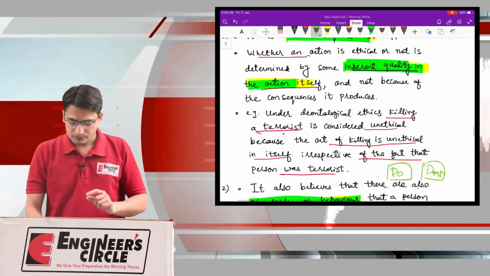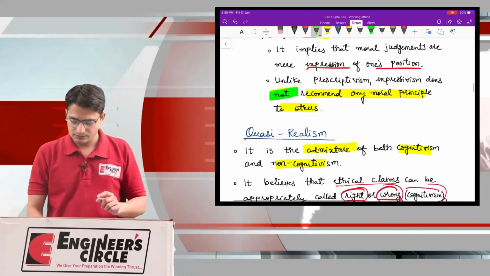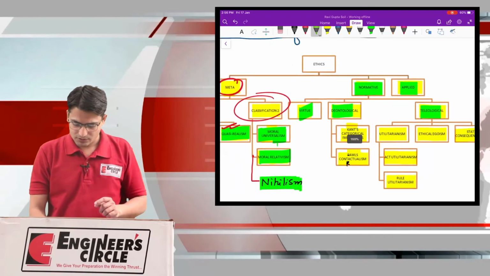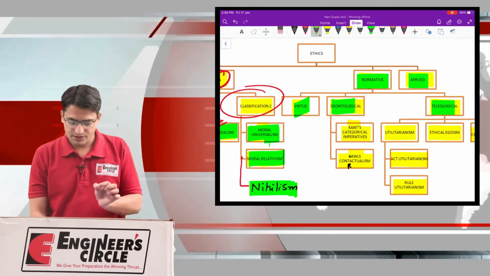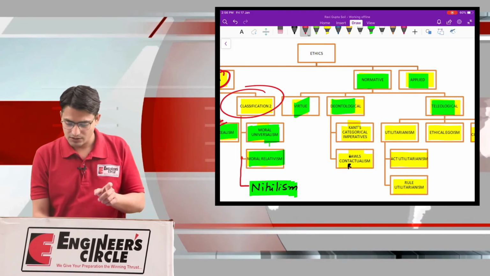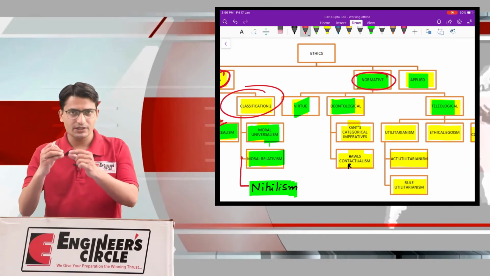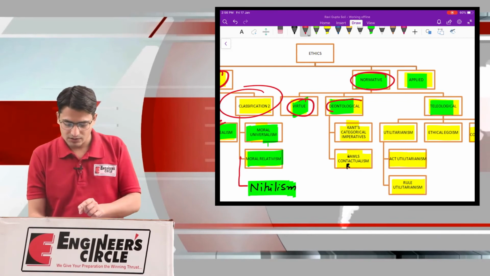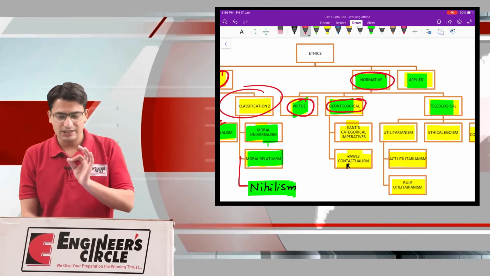Now, coming back to our table, we first discussed virtue ethics in the normative part, again focusing that we are in normative ethics. We have covered virtue ethics. We are now studying deontological ethics.